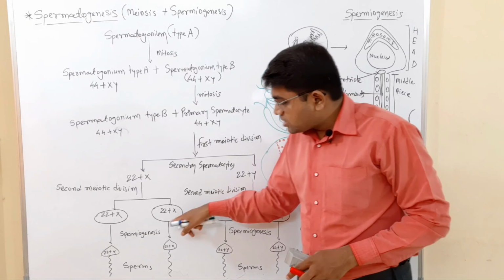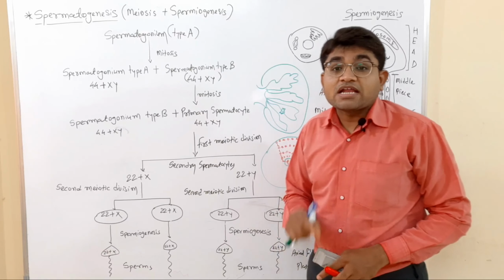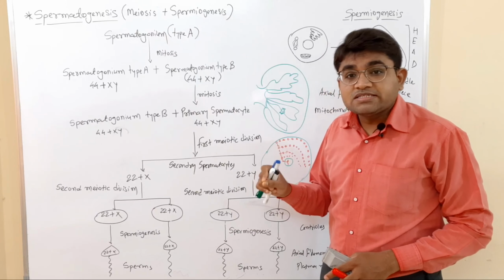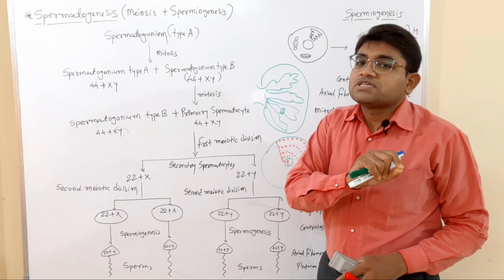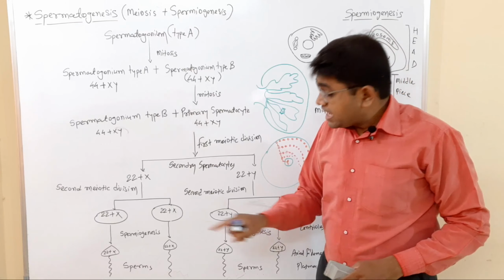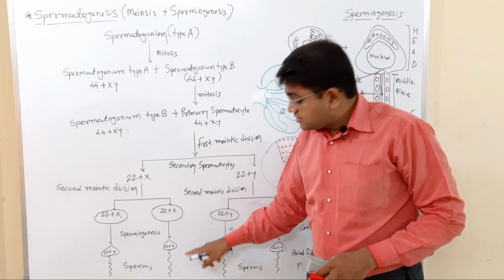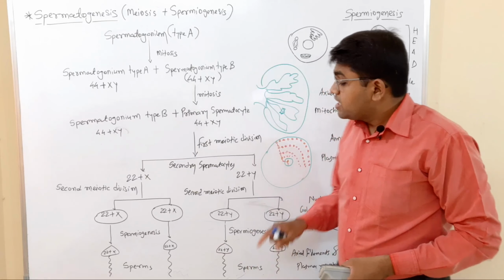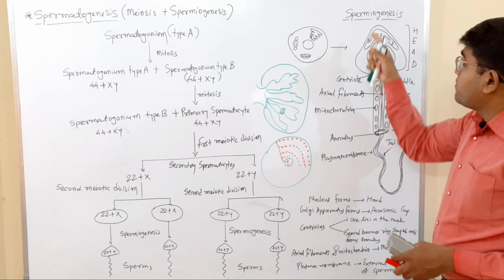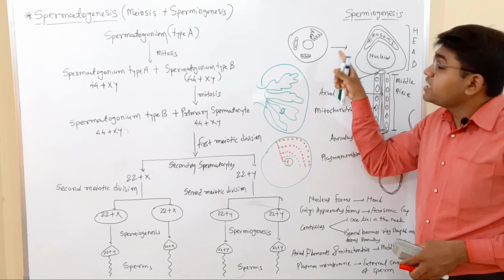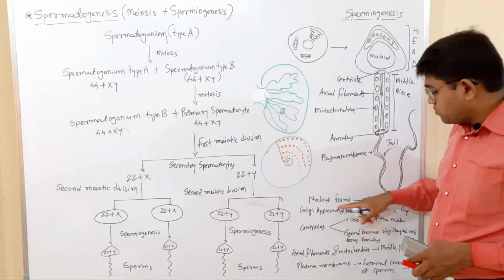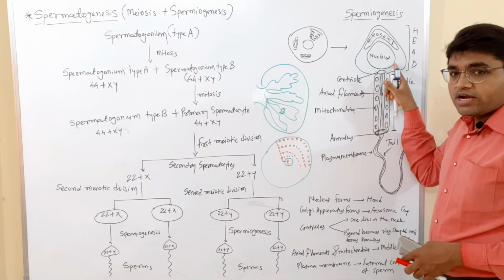These four cells are known as spermatids. They are rounded cells. After formation of these rounded spermatids, the spermiogenesis process starts, and from these rounded cells the elongated, actual sperms are formed. Here the nucleus of the spermatid forms the head of the elongated sperm.